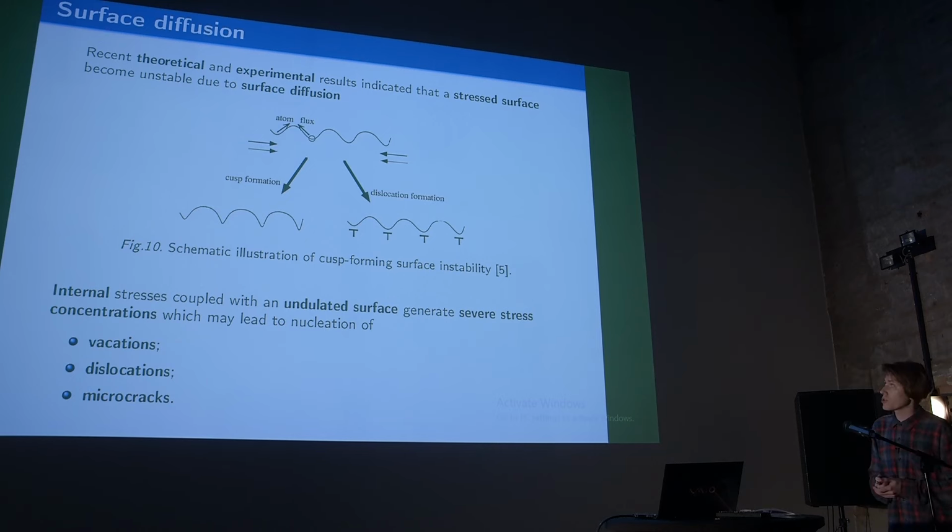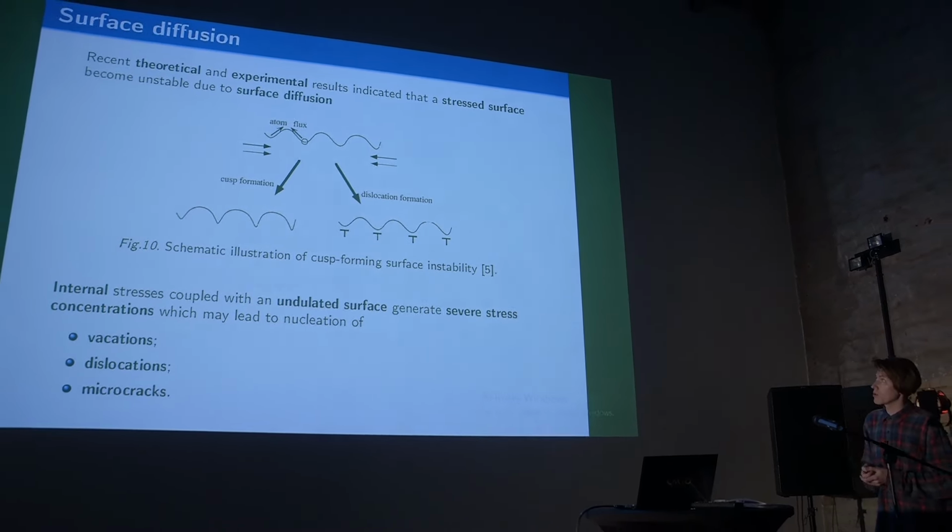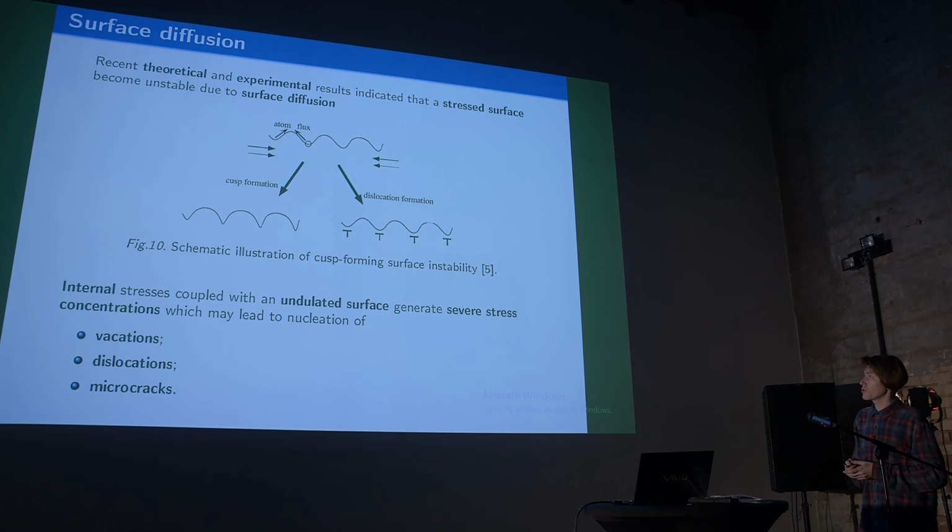The theoretical and experimental studies show us that a stressed surface becomes unstable due to surface diffusion, and this process can generate different defects like vacancies, dislocations, microcracks. So here we also have a big problem.